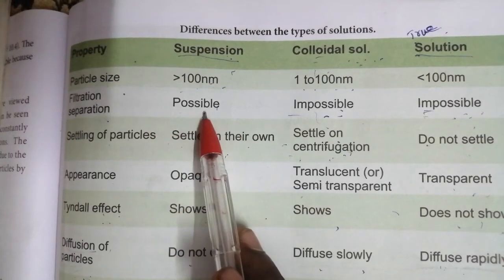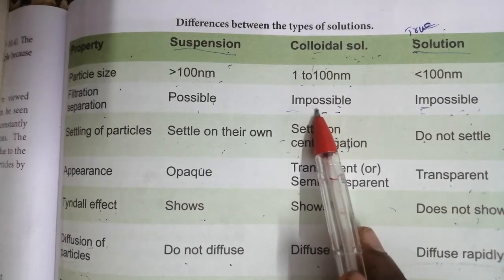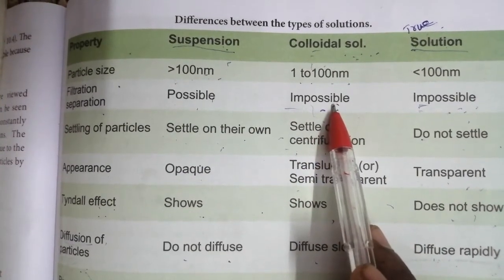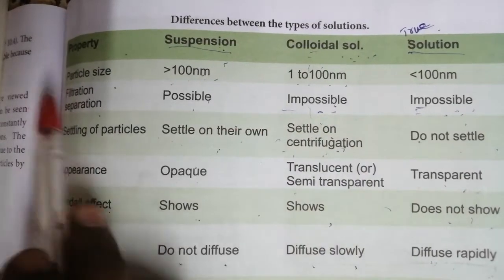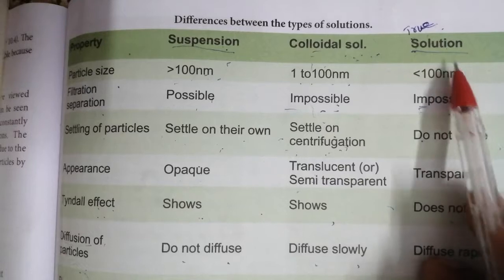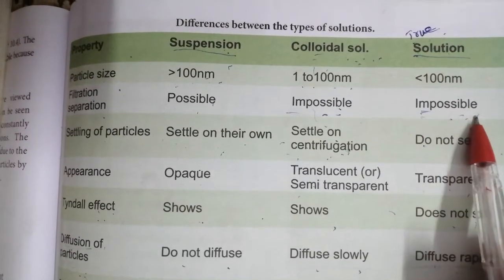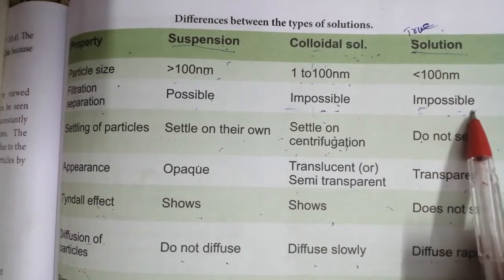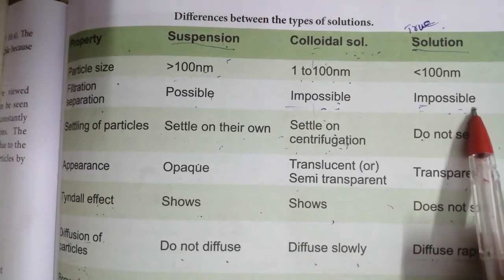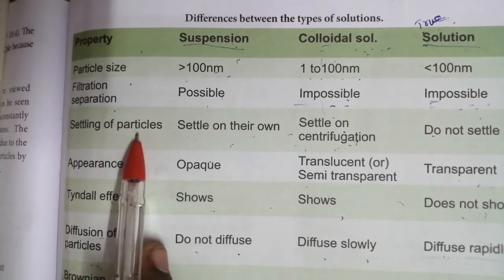And in colloidal solution it is impossible, so only the centrifugation method we can use. Under true solution, it is impossible because the salt particles are completely dissolved, right? So here also impossible.